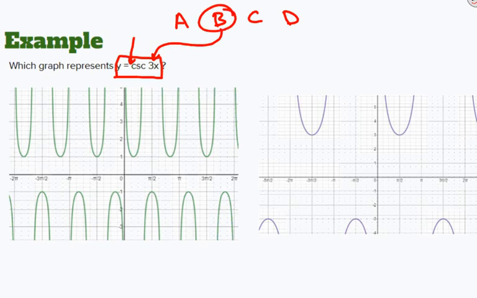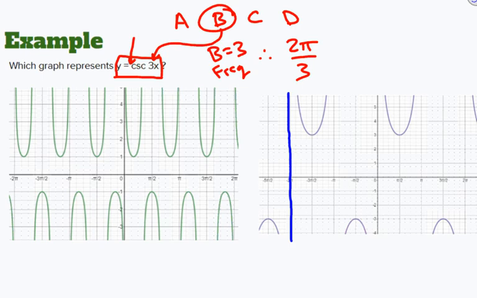I've changed B. I changed B to be 3, which means I changed the frequency. This is the frequency, which helps me determine, therefore, the period is 2 pi over 3. Remember, it's 2 pi over B. This is 2 pi over 3. In that case, if I look at these, where would I draw an asymptote?